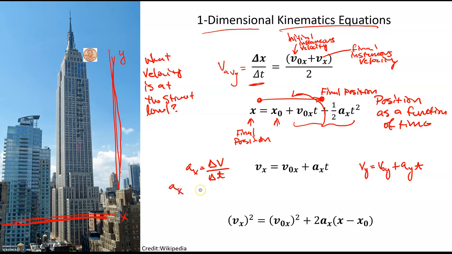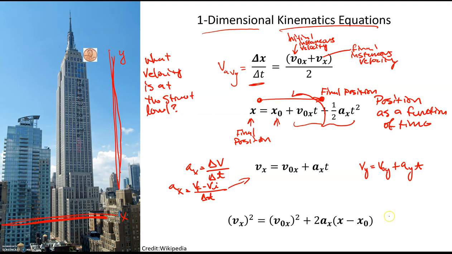But that's just equal to velocity final minus velocity initial all over the change in time. And so you can rearrange this to get this equation. You just need to multiply by time and then add over the initial velocity. And then you get this equation. So it's just a reworking of what we saw in Module 1.